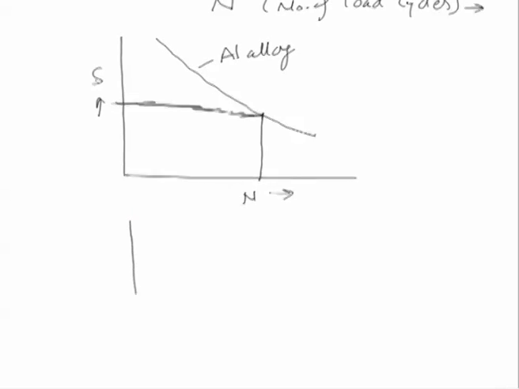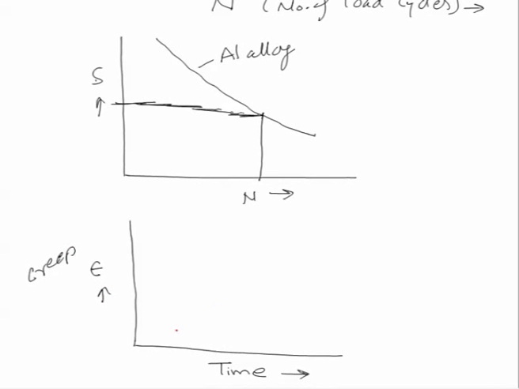While in case of the creep conditions, we need to see the creep curve, where in the x axis we have time, and in the y axis we have the creep, that is the strain. Creep is there in the form of strain. This shows the typical variation in the strain like this.